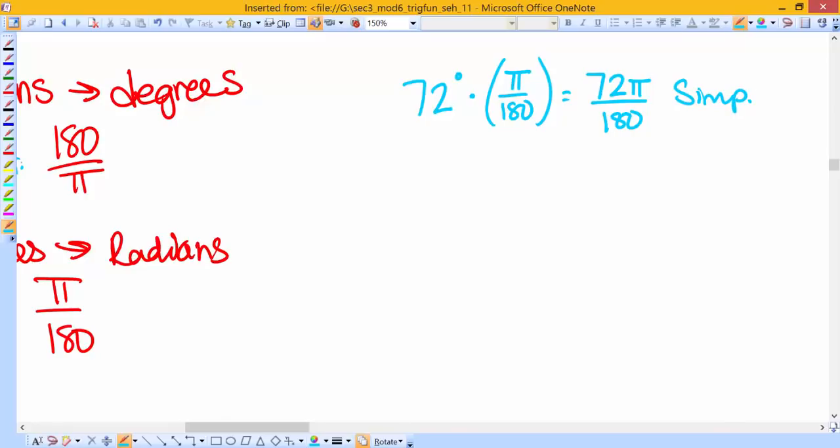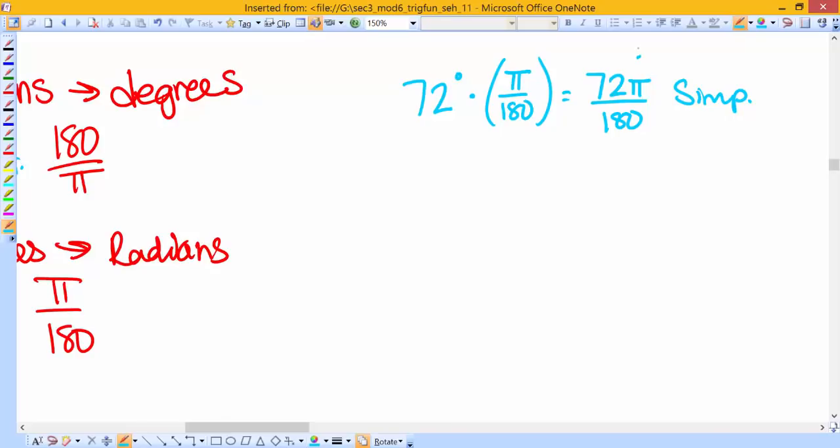So 72, I think I can divide. Let's see first. Always check first to see if you can divide the big number by the small one, so 180 by 72. 180 divided by 72 is 2.5. So it doesn't quite divide nicely. So I'm going to take 72 and divide it by, let's see, 36. 72 divides by 36. 180 also divides by 36.